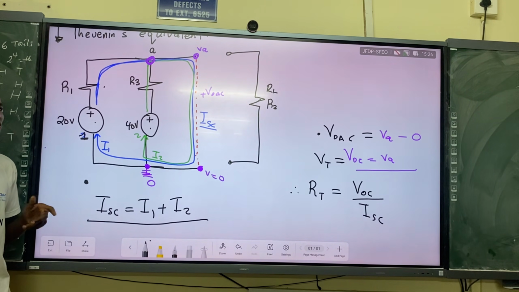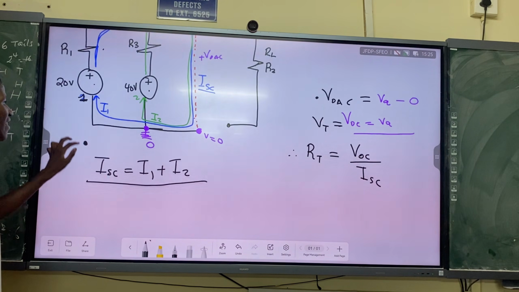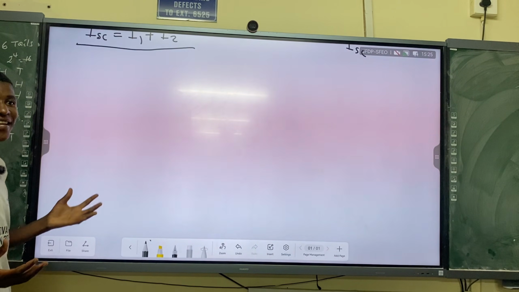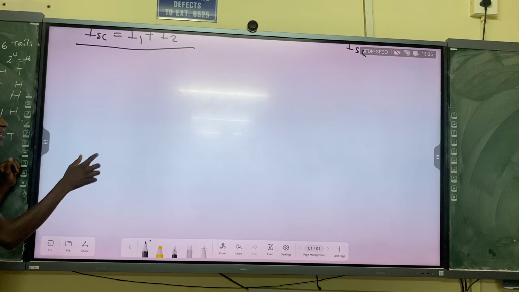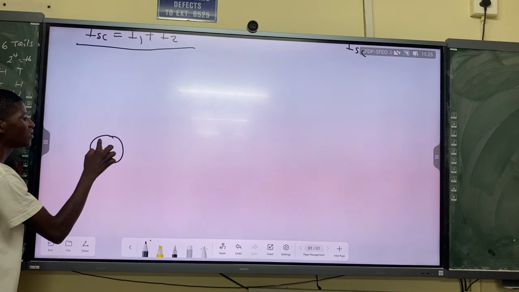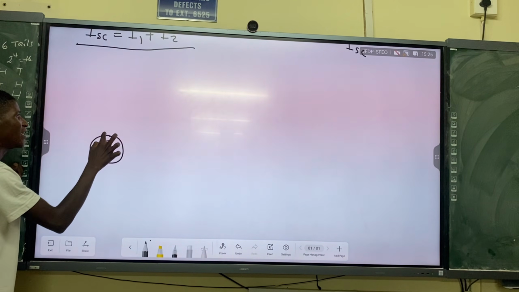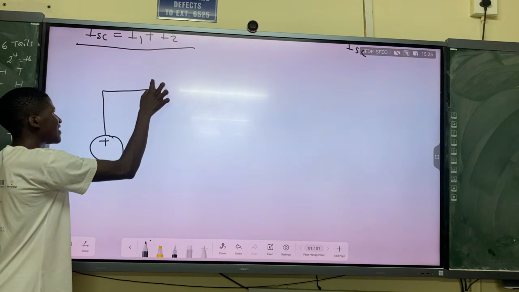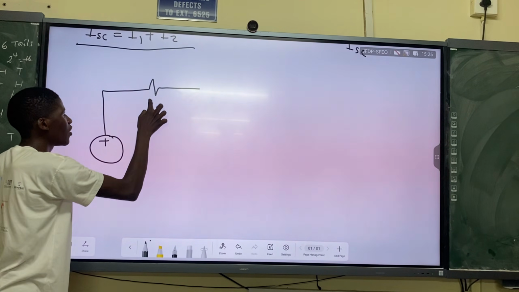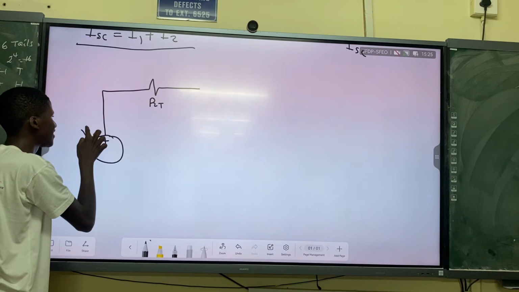So once you are done combining them, you can now create your final diagram. The final diagram will have one voltage source, and it will have a resistor in series with it, which will be the Thevenin's resistance.